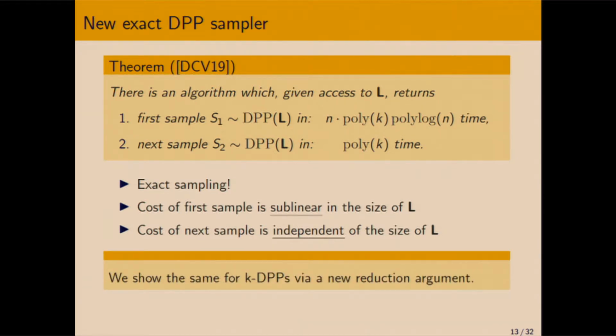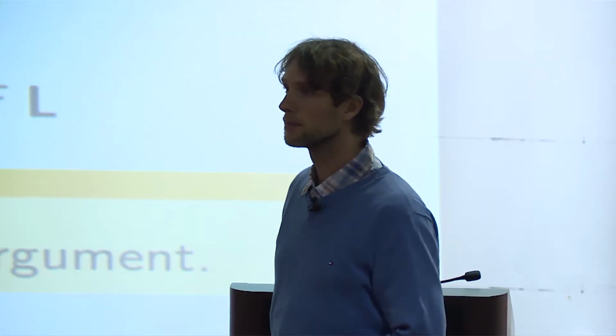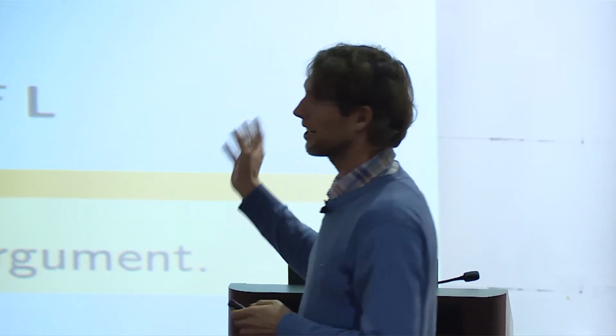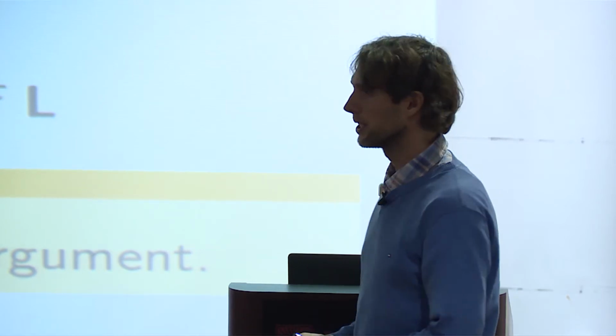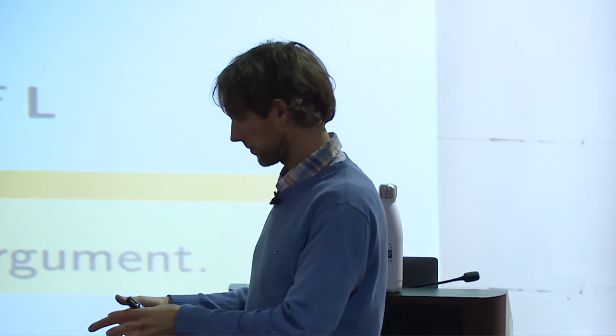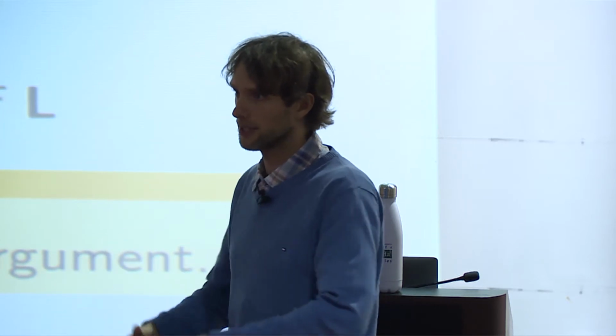And so we can extend this to fixed-size DPPs, the k-DPPs, as well. The same statement holds if we just replace it with k. Isn't this for k-DPP? What else is the k then? Right, good question. Earlier I mentioned that I will use k to denote either the expected subset size or the exact subset size.